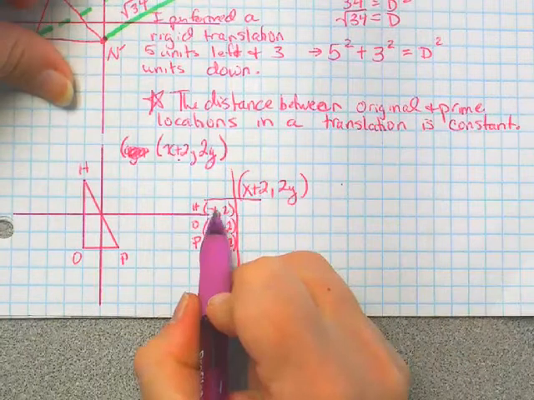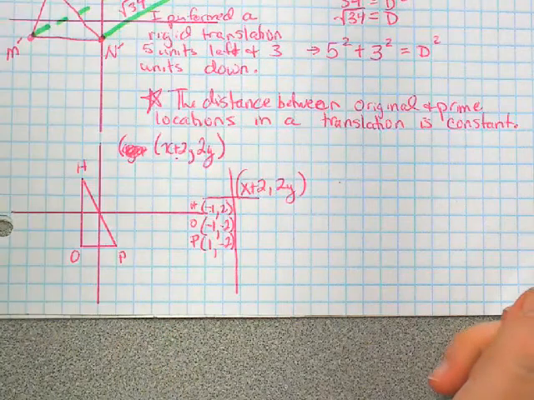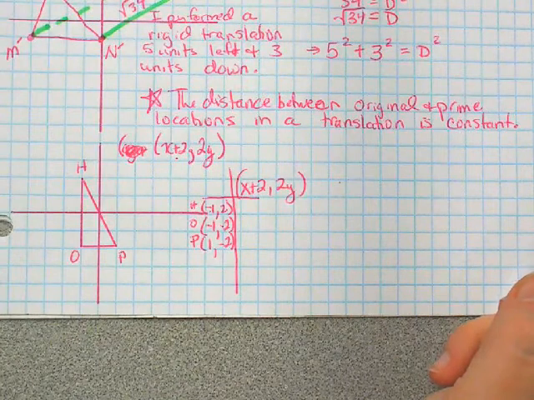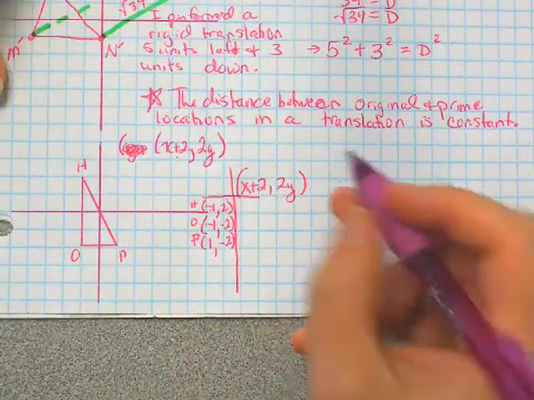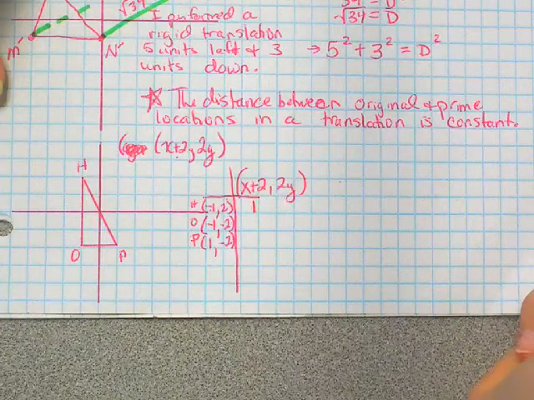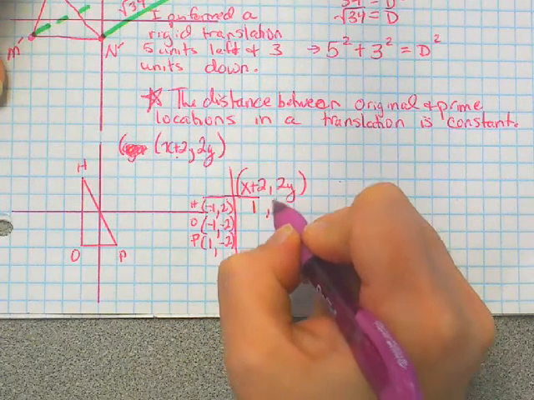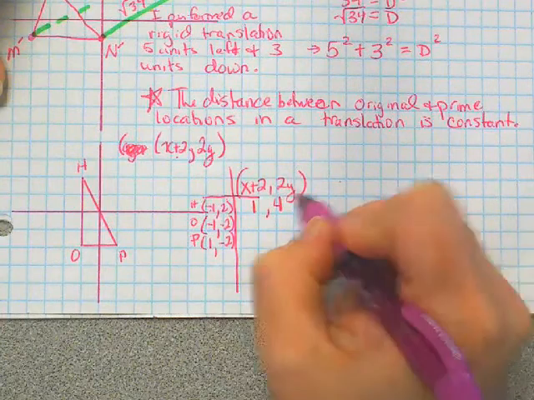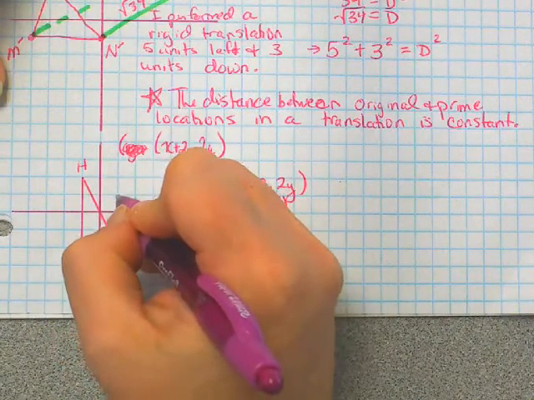So I'm going to do x plus 2 and then 2y. -1 plus 2 is not -3. -1 plus 2 is +1. 2 times 2 is 4.